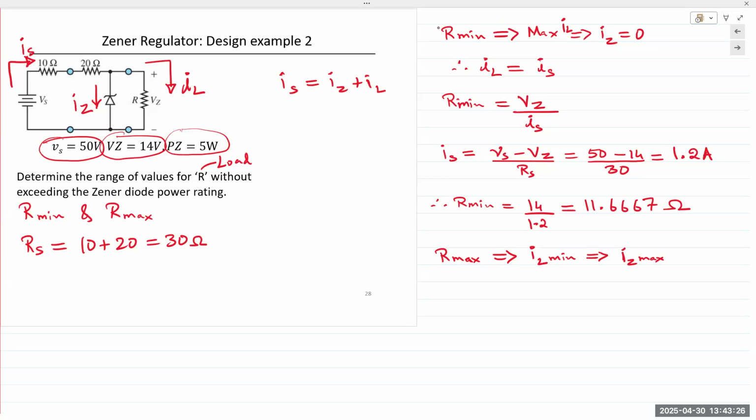We already know the maximum current handling capability because we are given the Zener diode voltage and the maximum power rating. So we can find IZ max from PZ and VZ. PZ is 5 watts and VZ is 14. This gives me 0.357142 amps.